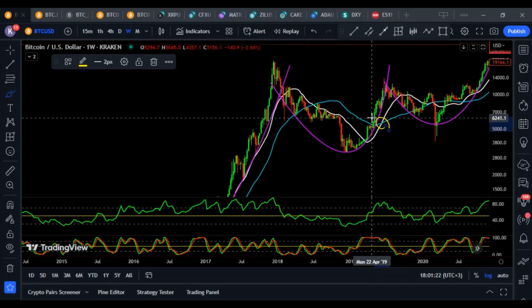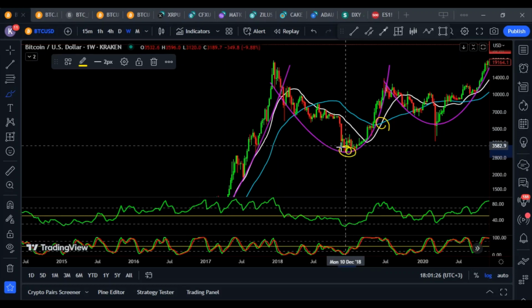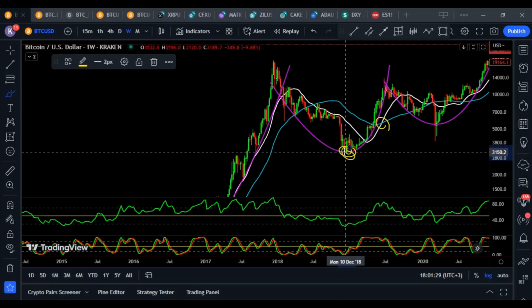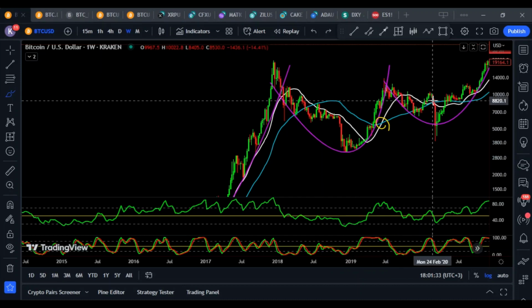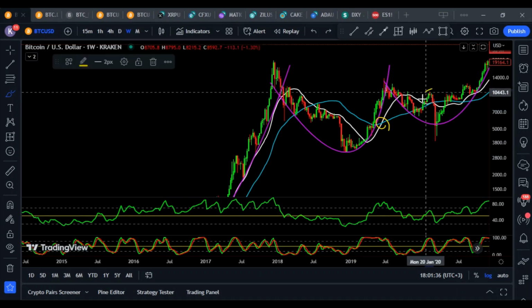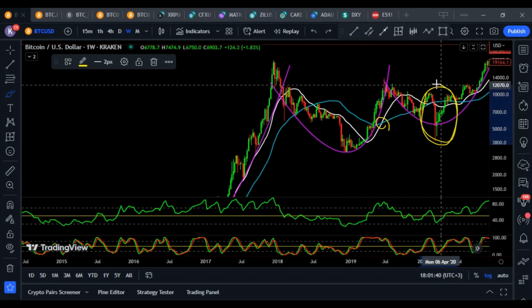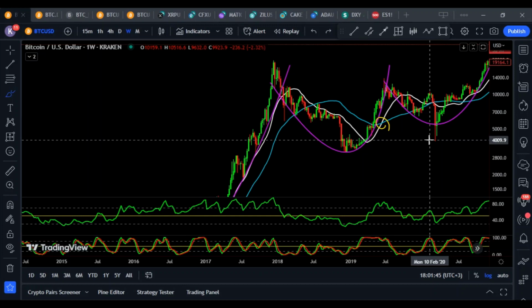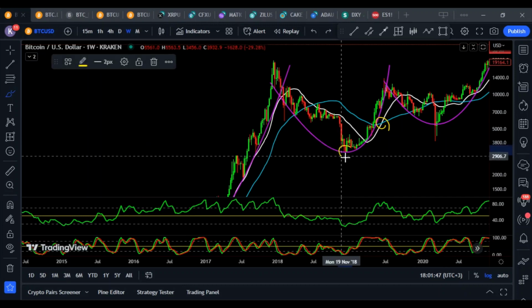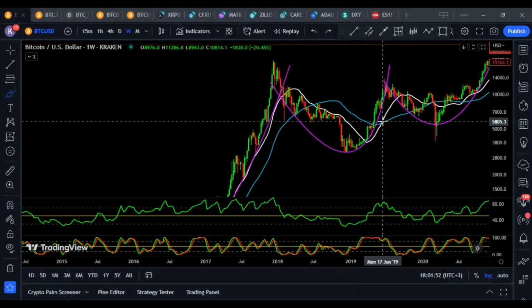Our local low before the cross happened was at 3,150, and even with a black swan event, something global, something as big as affecting all countries around the world, with that crashing, the price failed to hit a lower low than what was before the cross of the 20-week over the 50.